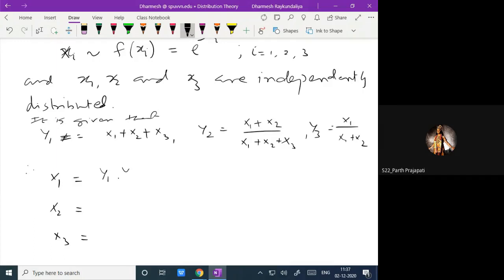So x1 becomes y1 into y2 into y3. What is x2? If you are multiplying y1 with y2, what happens? You will have x1 plus x2. Okay. And if you multiply x1 plus x2 with, what will you get?